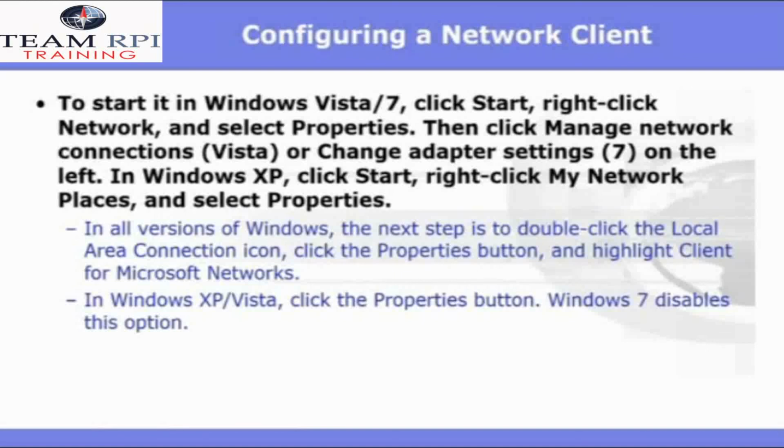Then click Manage Network Connections in Vista or Change adapter settings in Windows 7. In Windows XP, you'll go to Start and then right-click on My Network Places and select Properties. Next, for all Windows versions, you'll double-click the Local Area Connection icon, then click the Properties button and highlight Client for Microsoft Networks.